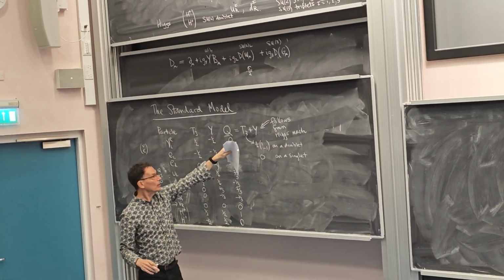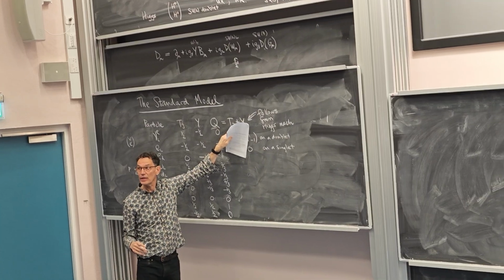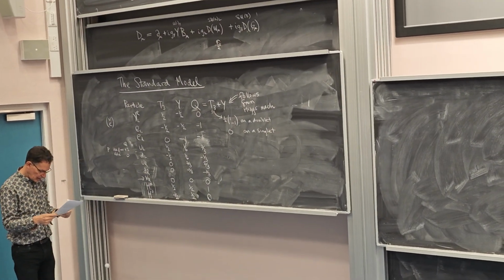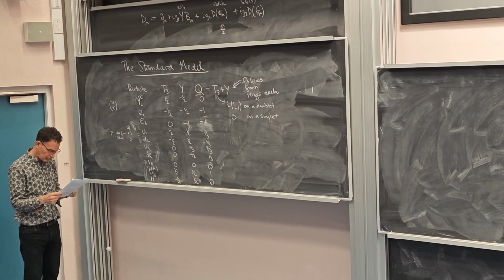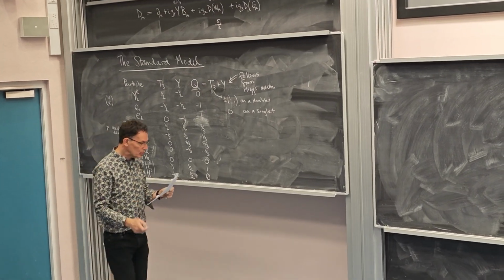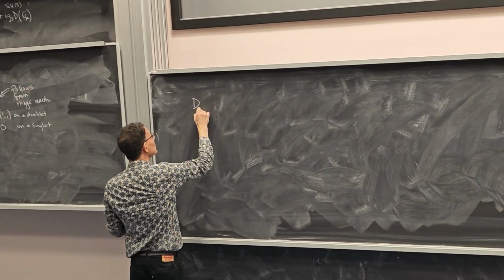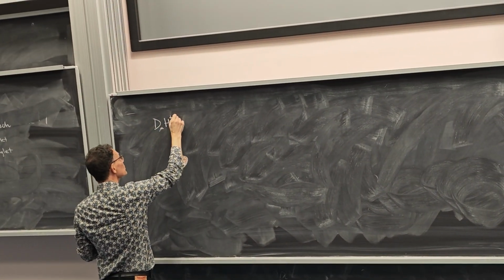Now, I'm going to go through this calculation and show how it comes out of the Higgs mechanism. So how do we do this? Well, remember the origin of masses in the gauge theory is just this term.